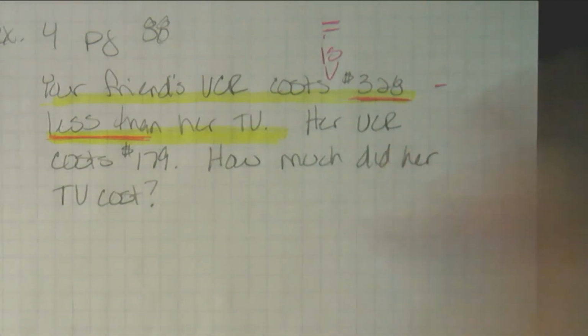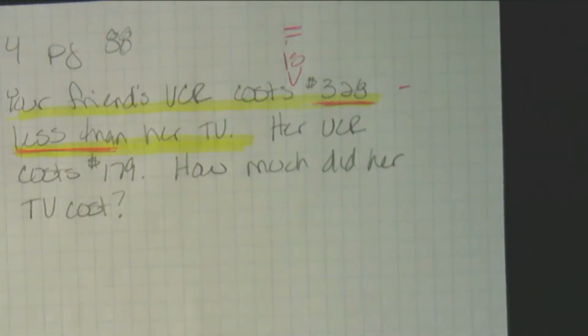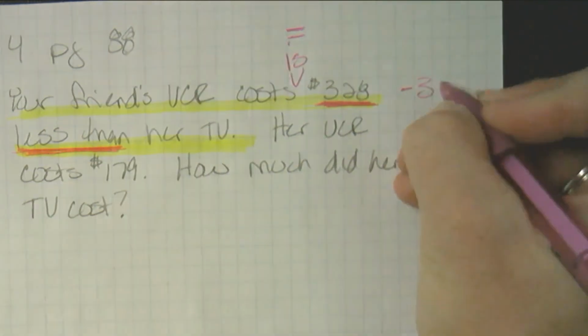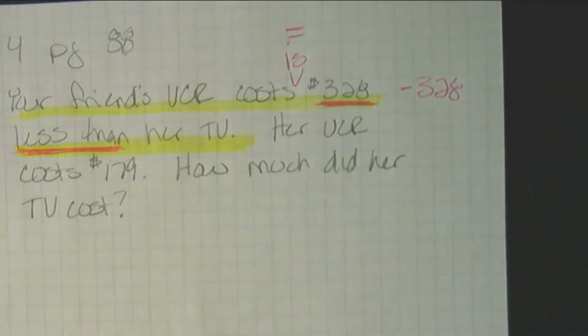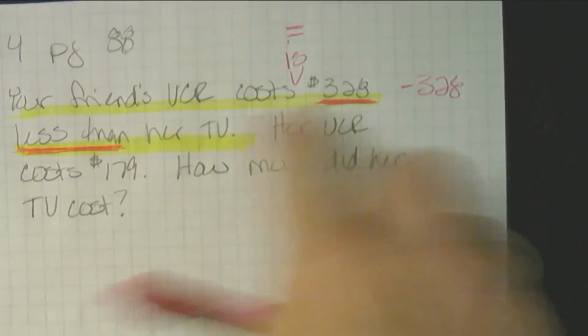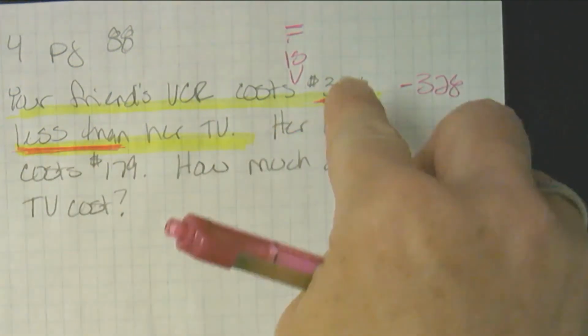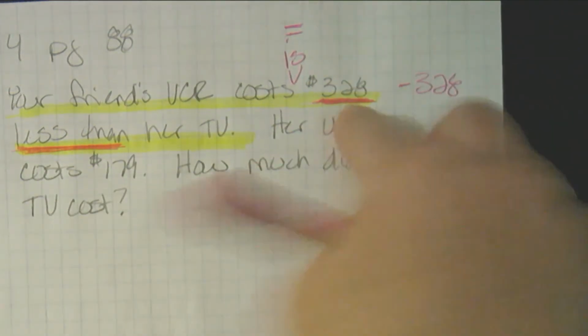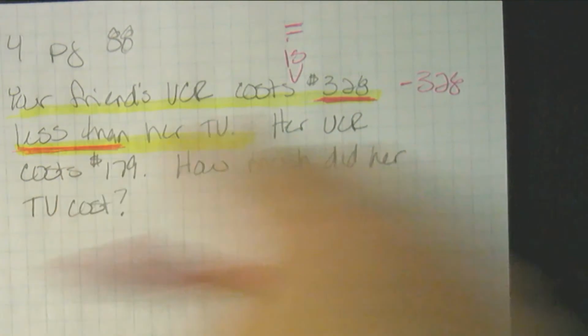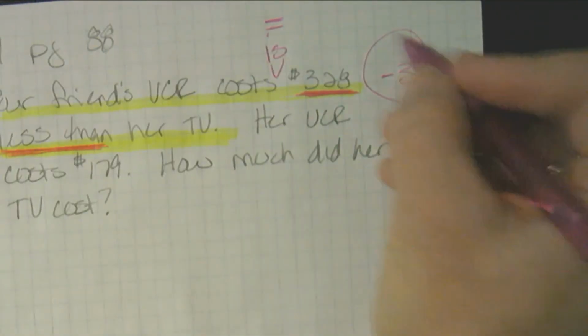So what am I subtracting off here? That means $328. This phrase means this when it says less. The cost is $328 less than. That means I'm subtracting $328 from something.